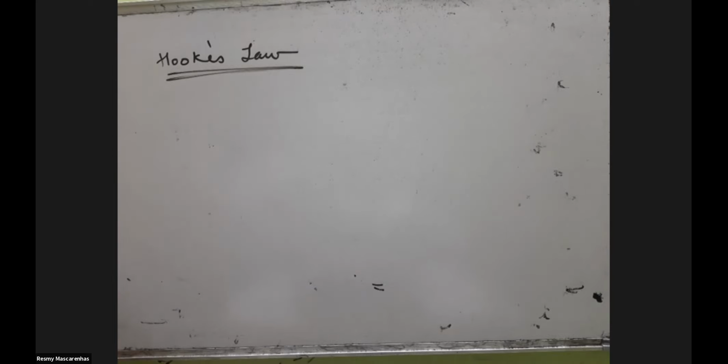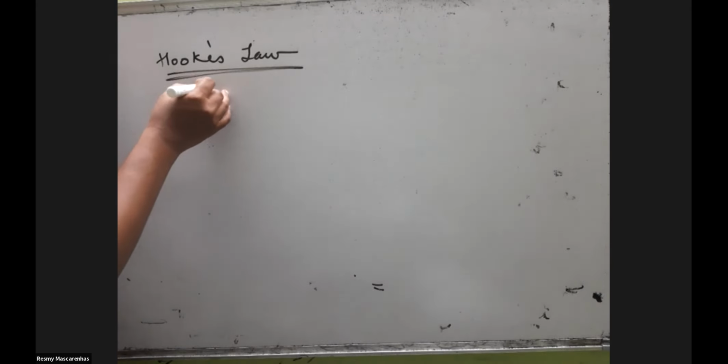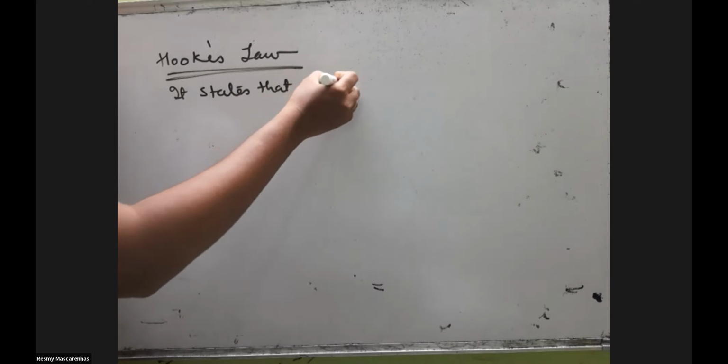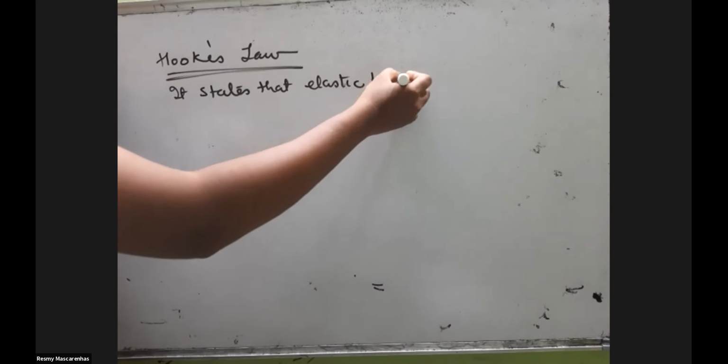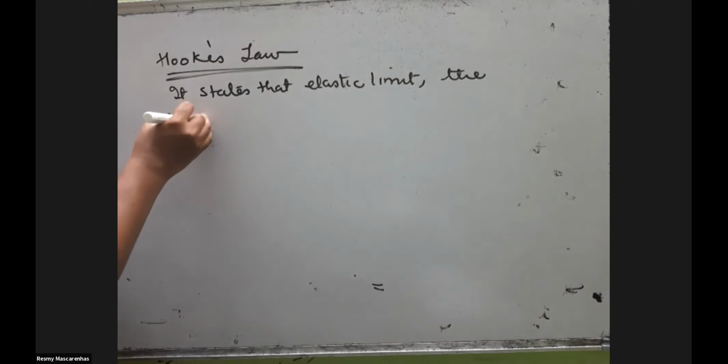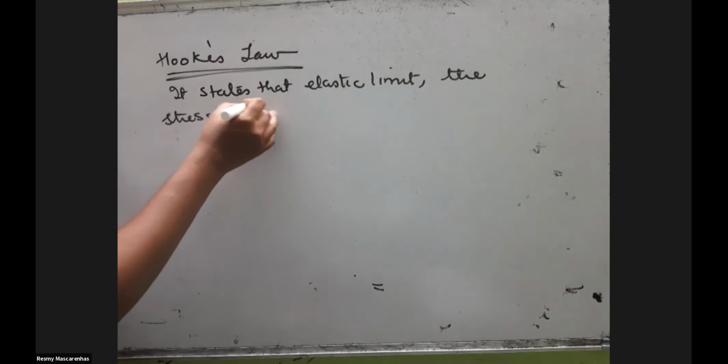When you're applying force, there will be a change in length, and how much change can happen is based on how much stress you're applying. So it states that within elastic limit, the stress is proportional to strain.